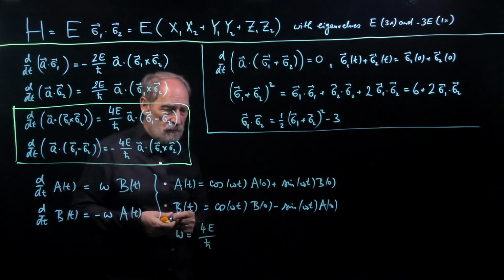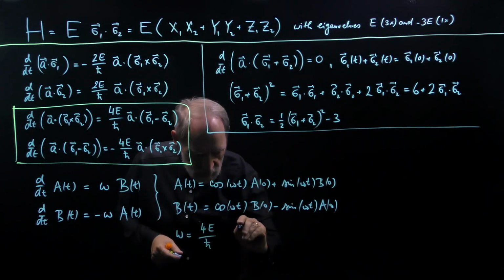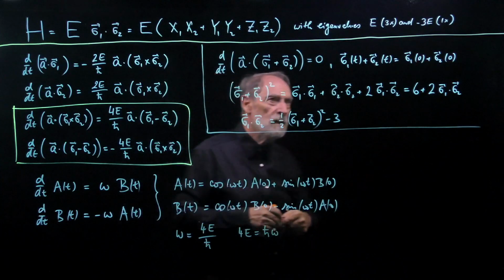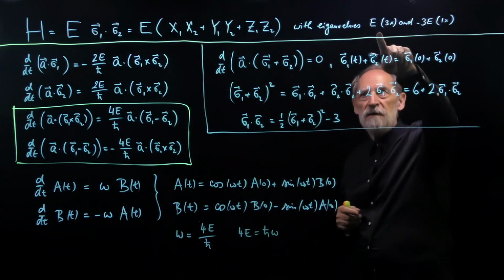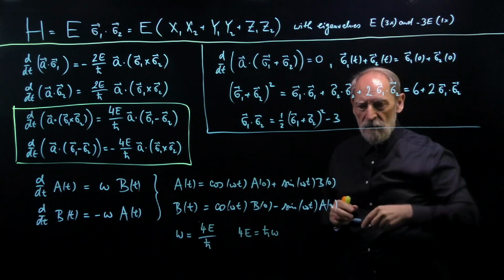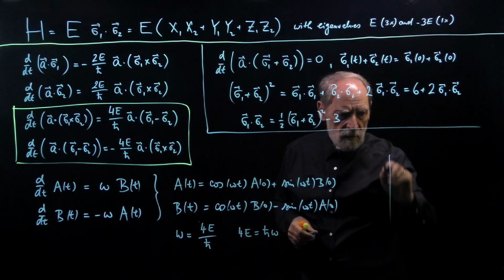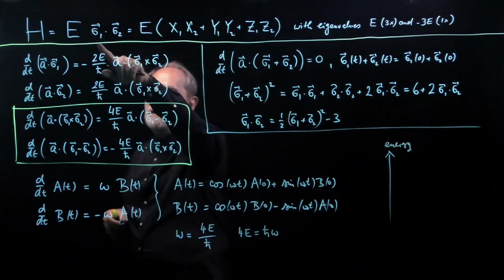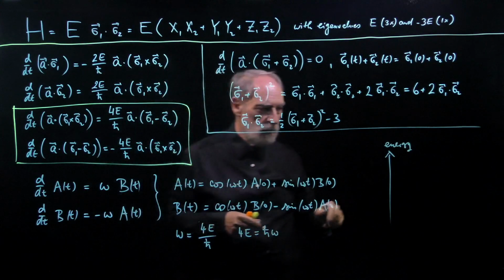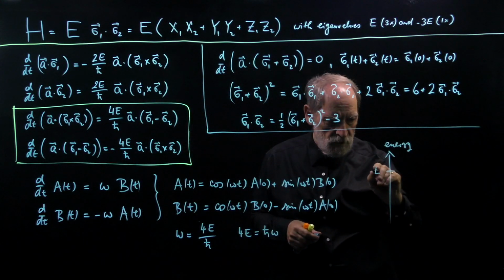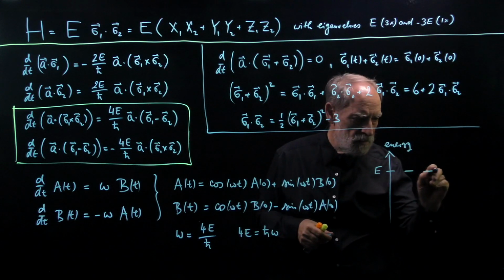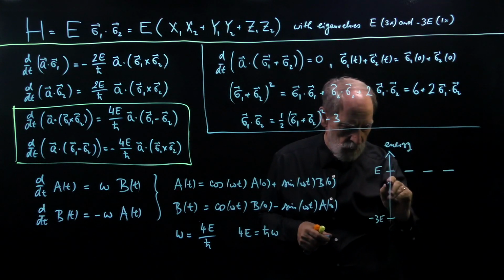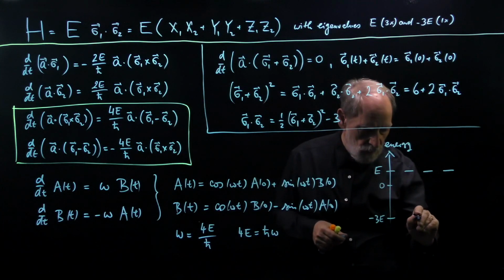Now that's interesting, because what this says is that 4 times the energy is h bar omega, and 4 times E is the difference between these eigenvalues here. So if we sketch for ourselves an energy diagram where we indicate the energy eigenvalues of this Hamilton operator, then we have energy E 3 times, so there are 3 states with energy E, and there's an energy negative 3E, somewhere here is energy 0, negative 3E, where we have 1 state.